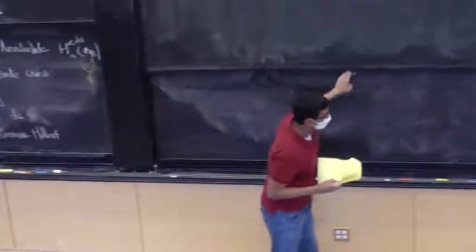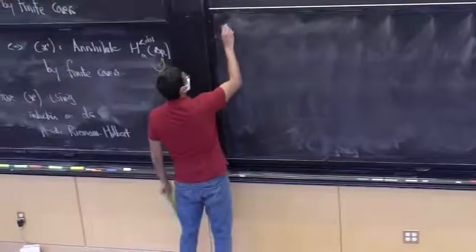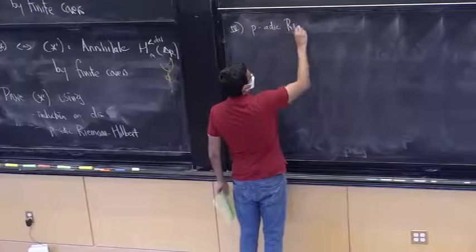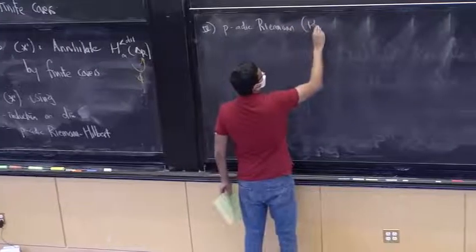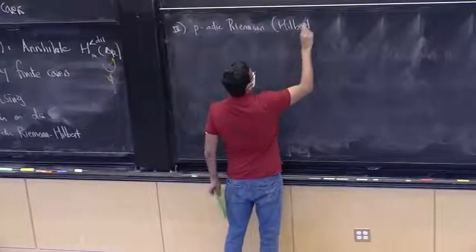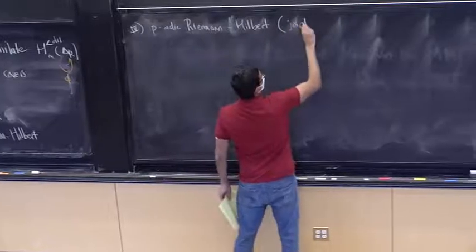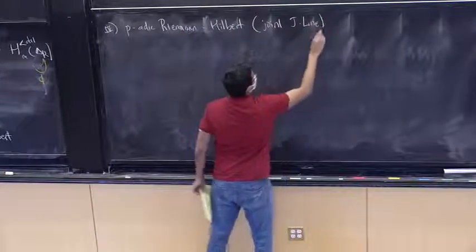Okay, so p-adic Riemann-Hilbert. This is all joint work with Jacob Lurie. It builds on a lot of previous work in p-adic Hodge theory by various people.